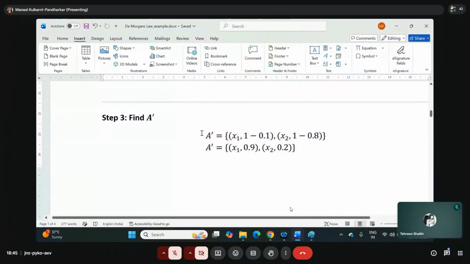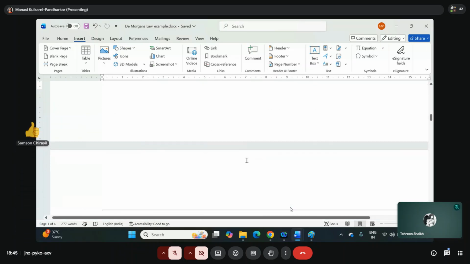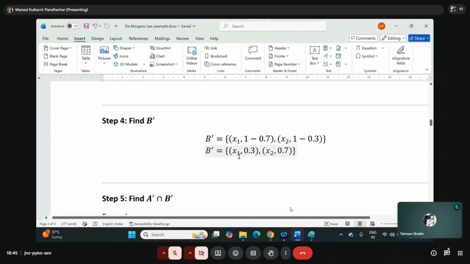So you got the A's complement like this. Am I right? Is it correct? What is the B's complement? आ गया?